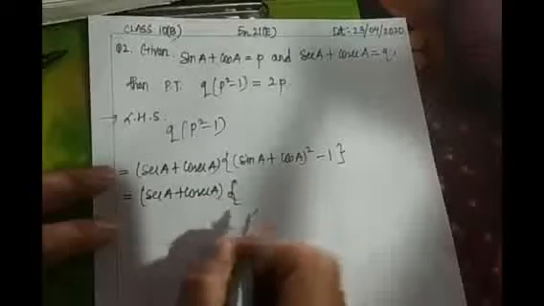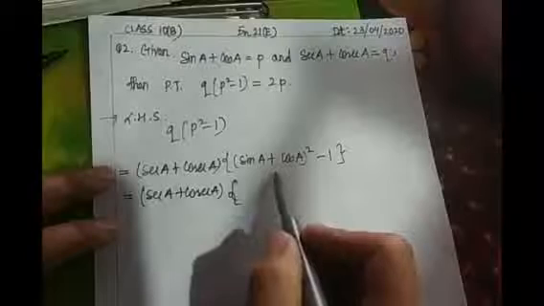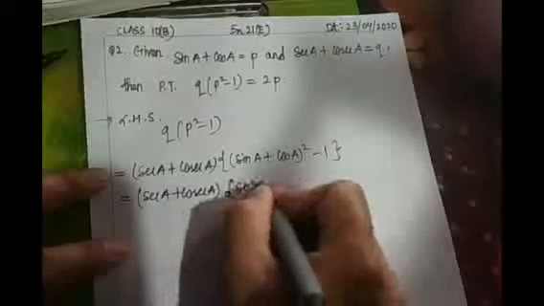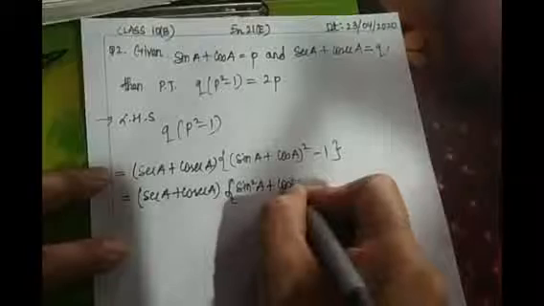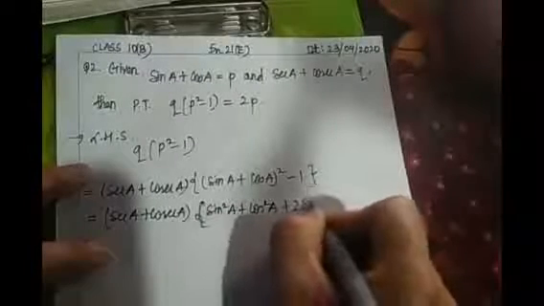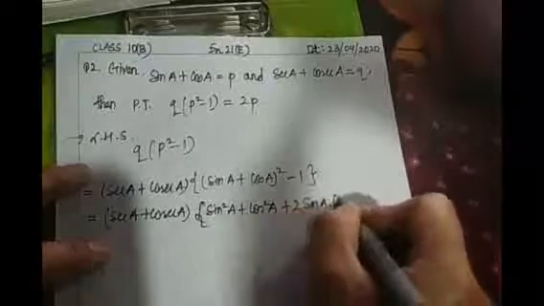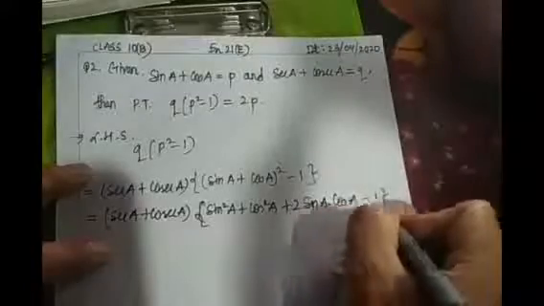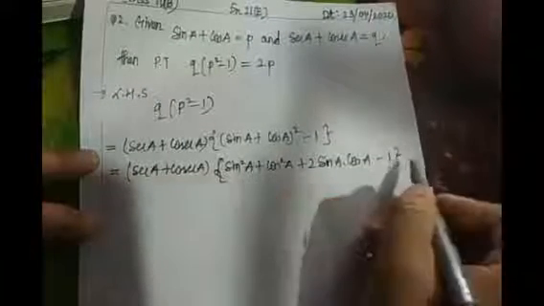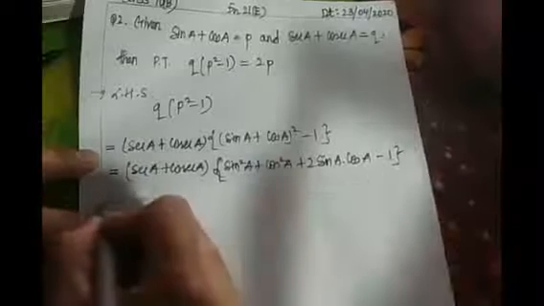Now what we can do here is expand this using the formula of A plus B whole square, which is A square plus B square plus 2 into A into B, minus 1. Another thing we know is the value of sin square A plus cos square A. Using the square relation, it is 1. And this 1 and minus 1 will be cancelled out.